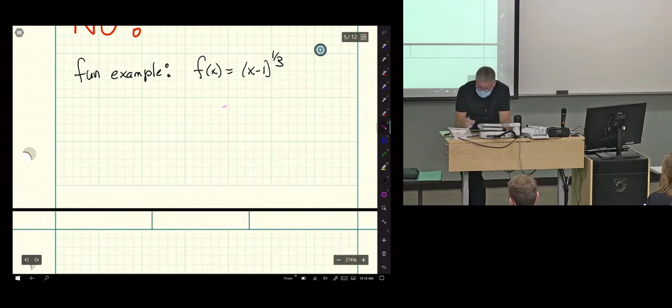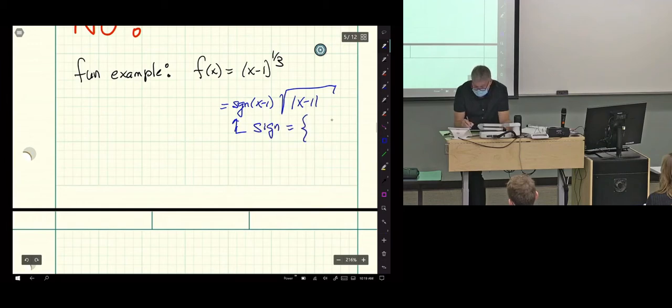Okay, so you could also write this as the sign of x minus 1 times the cube root of the absolute value of x minus 1. And this is plus 1 when x minus 1 is positive, minus 1 when x minus 1 is negative.